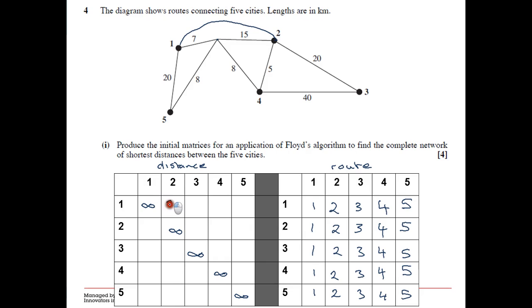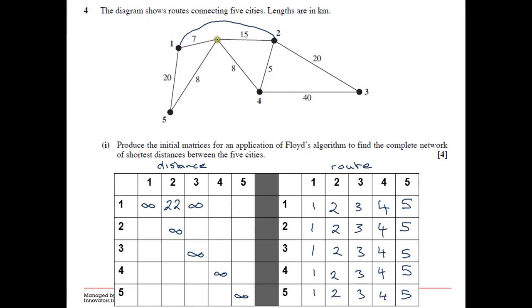That was the thing that a lot of people didn't get, sadly. 1 to 3 does not have a direct route, so again we'll put an infinity in there. We use infinity because we don't want these things to crop up in any initial solution that we have, and infinity is just a way of saying it's a very long way.